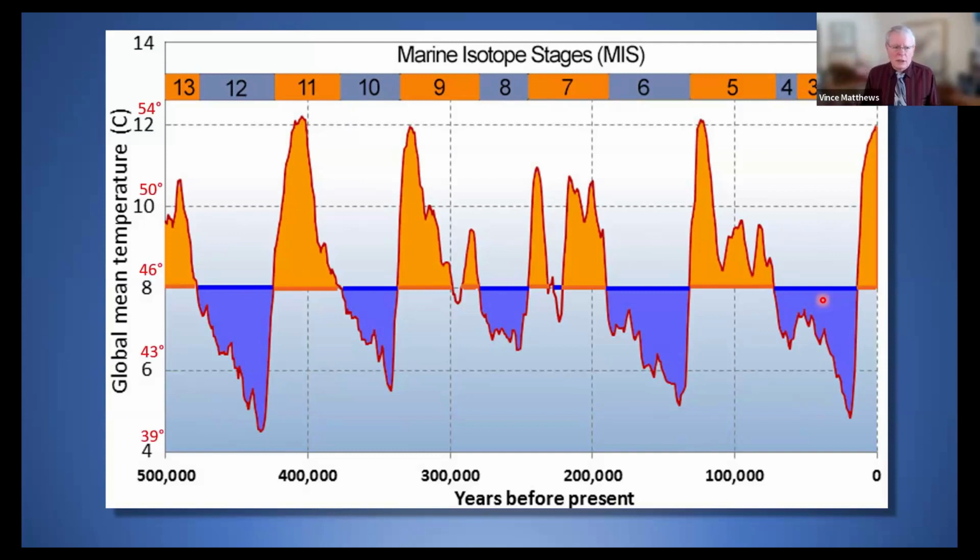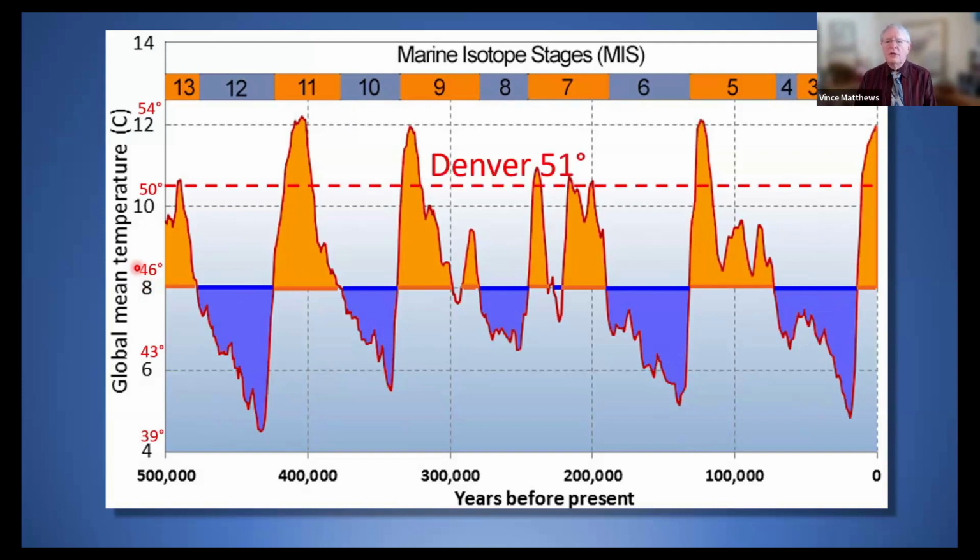I've provided the Fahrenheit degrees in red on the left side over here. And we are looking at the average global temperature. Just for comparison, during some of these, Denver's average temperature is about 51 degrees.